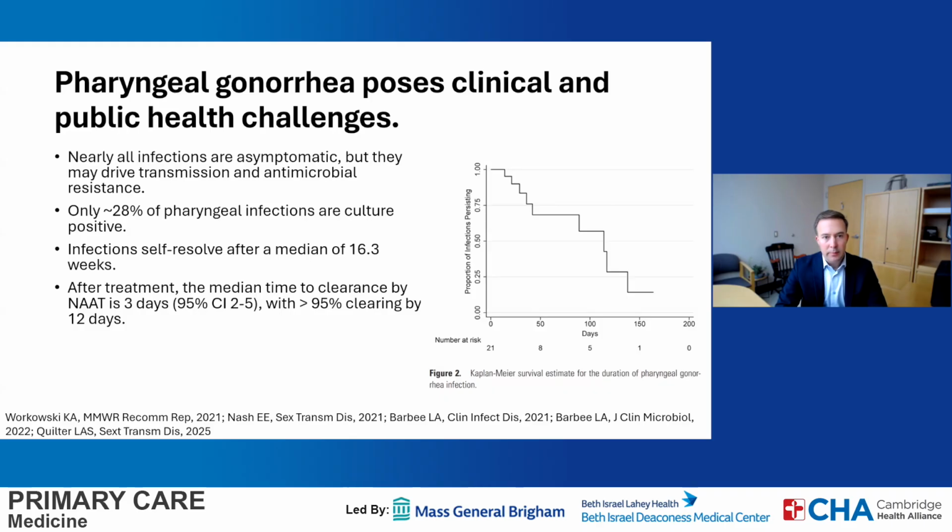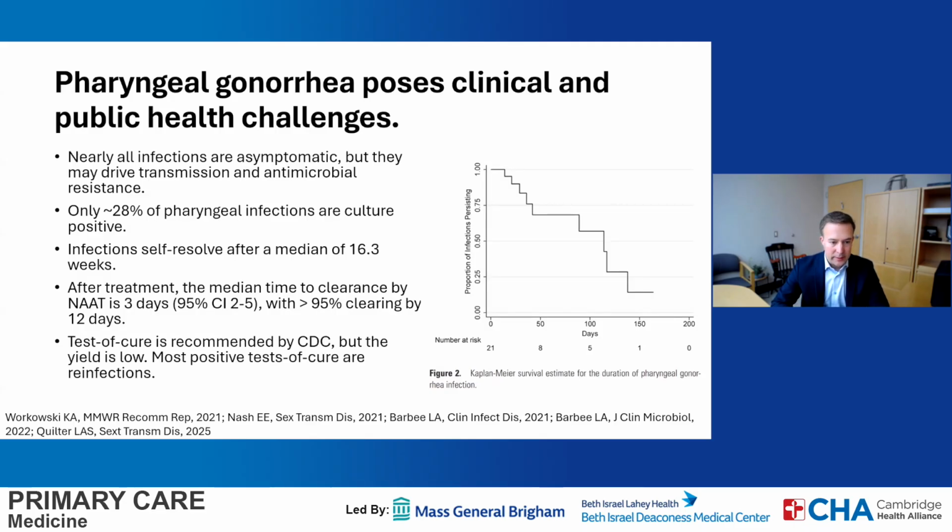And the test of cure, as I mentioned, is recommended for gonorrhea at this site because the success rate, even with ceftriaxone, is lower than for other anatomic sites. That being said, we have some new data from CDC, and the citation is listed there at the bottom of this slide from this year, showing that test of cure is pretty low yield.